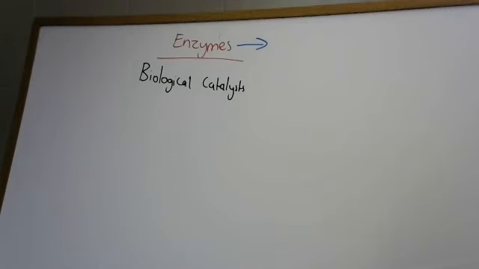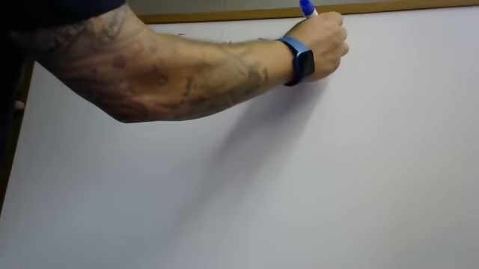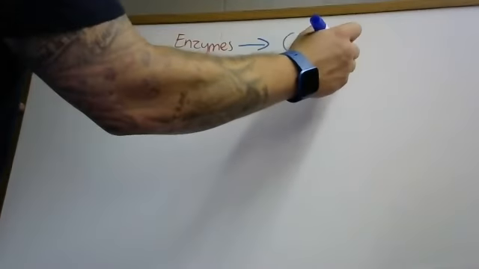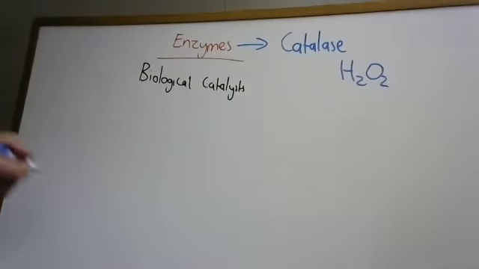So all living things use an enzyme called catalase to break down H2O2. If we didn't have this enzyme, H2O2 would build up in the body and we'd be dead very quickly. Yeast also have it.